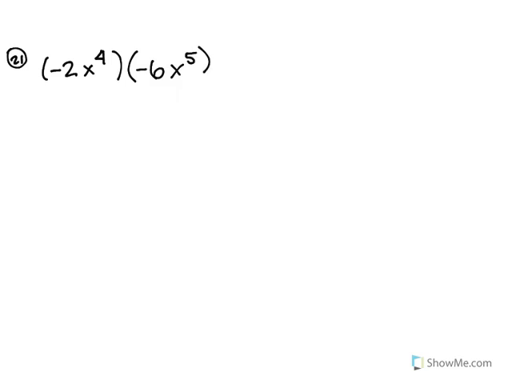So when you multiply, you're going to multiply the coefficient numbers, negative 2 times negative 6, which will give you a positive 12. And the rule for your exponents is when you're in multiplication, you're going to add your exponents. So that's going to give us x to the 9th, okay?